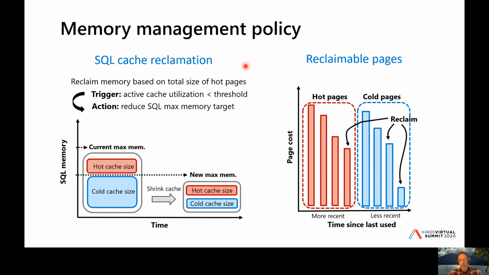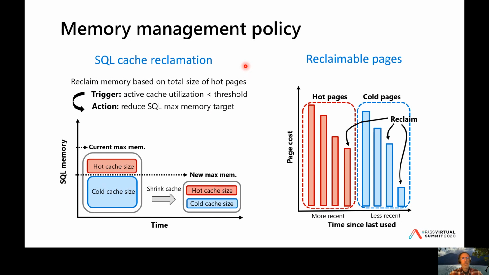Then we add up the size of all of the hot cache entries to come up with a total hot cache size, and compare that in relation to the total size of the cache itself. In other words, we compute the active cache utilization, which is really a measure of not so much how much memory is allocated, but more how much memory is being actively used.